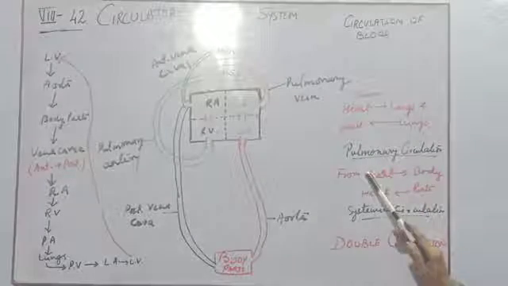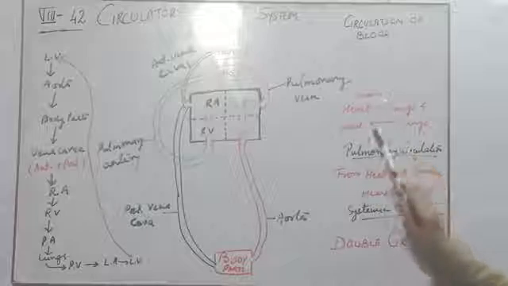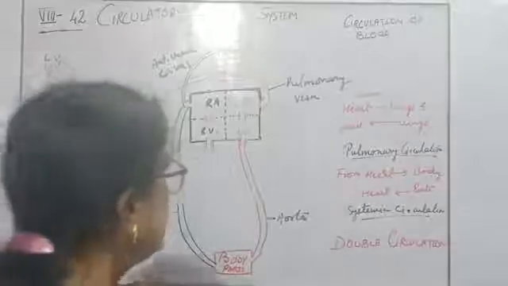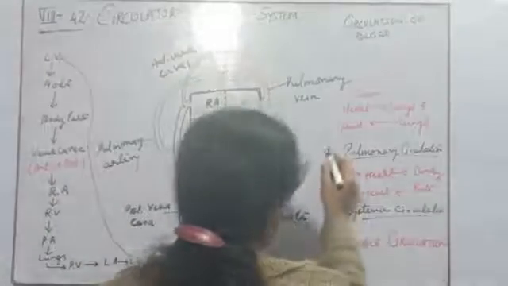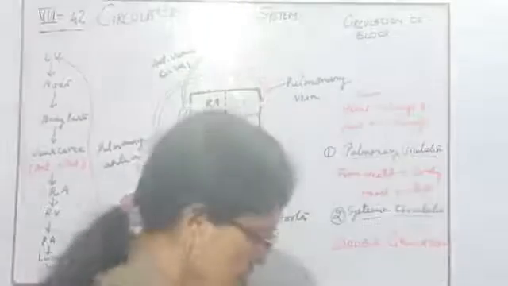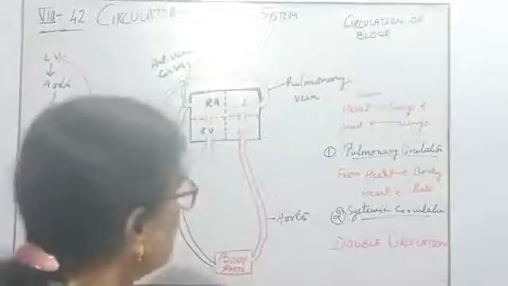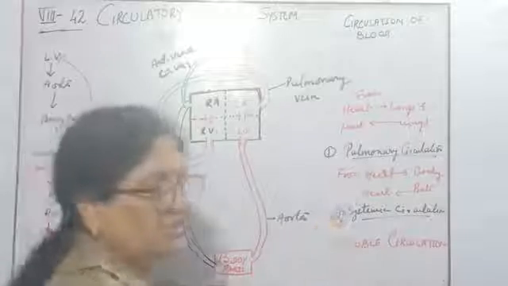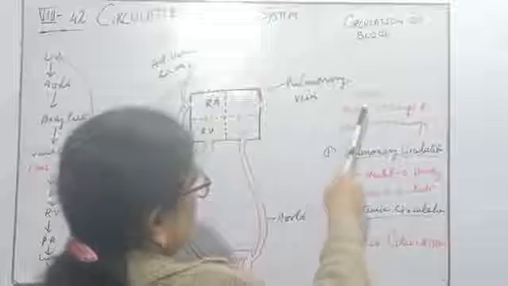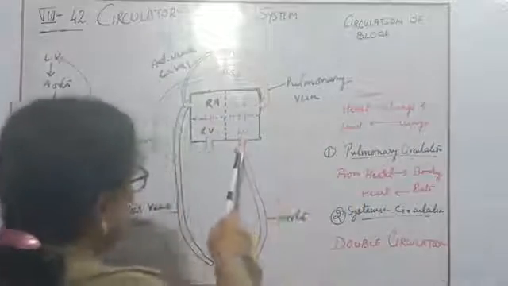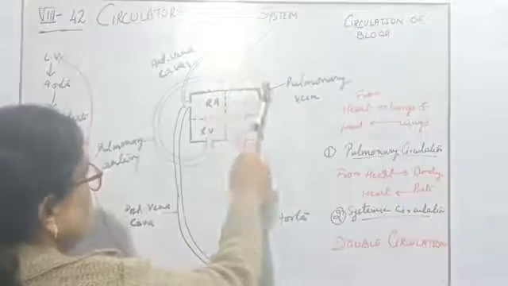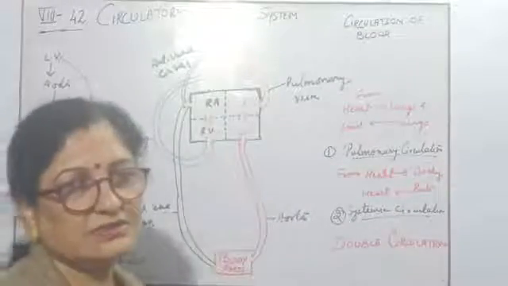Yes children, you can see here the first type of circulation. This is the first type, that is pulmonary, and this is the second type, systemic circulation. For the first type, pulmonary circulation, see, from the heart blood will go to the lungs, and from the lungs again it will come to the heart.